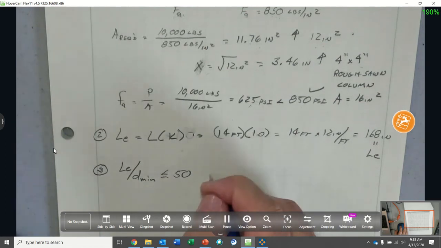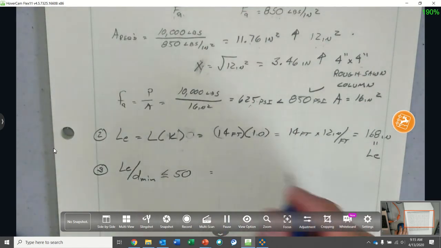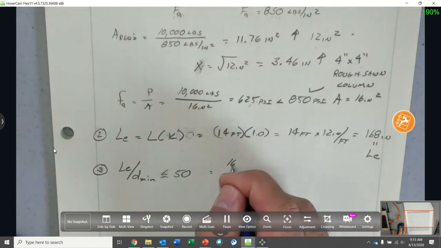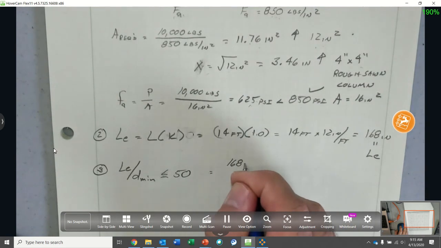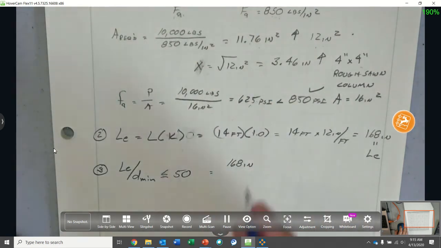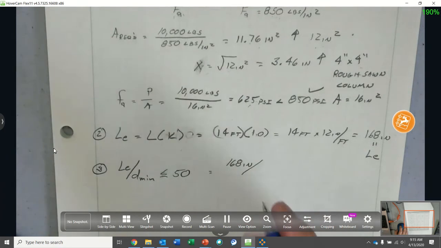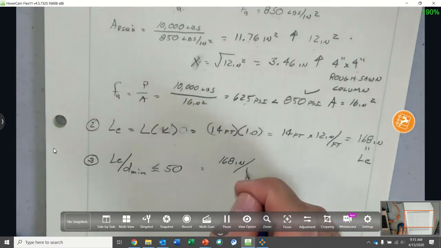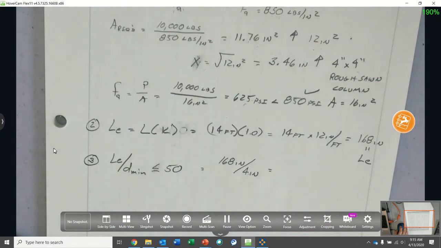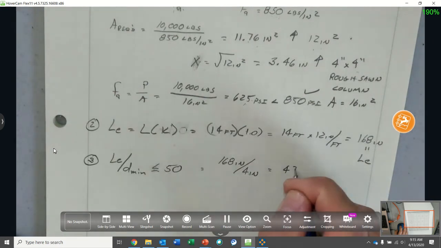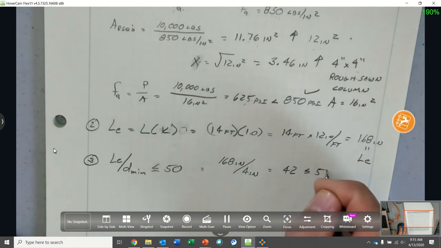My effective length is 168 inches, divided by my d minimum of 4 inches. 168 divided by 4 is 42, so it's less than or equal to 50.